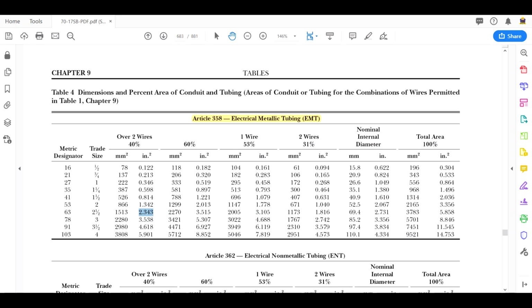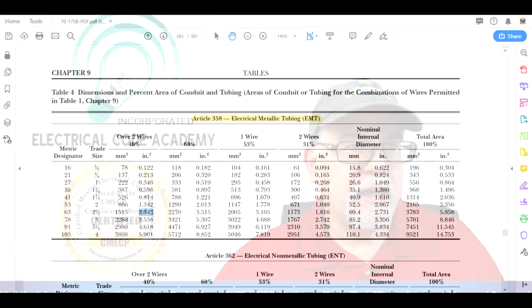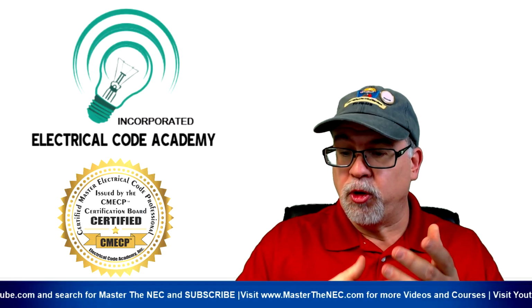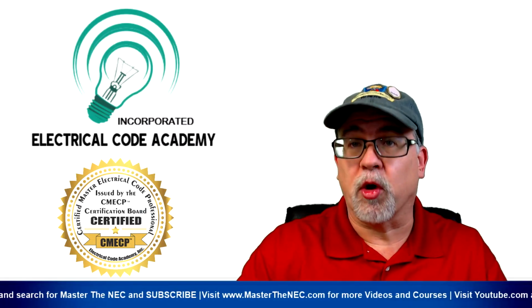This was the 40% fill. My conductors only took up 2.0364. So take this value here, subtract 2.0364 from this value, and the result is 0.3066.